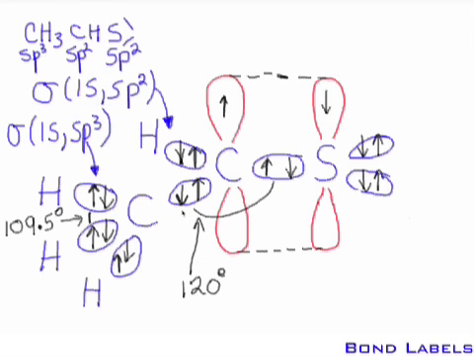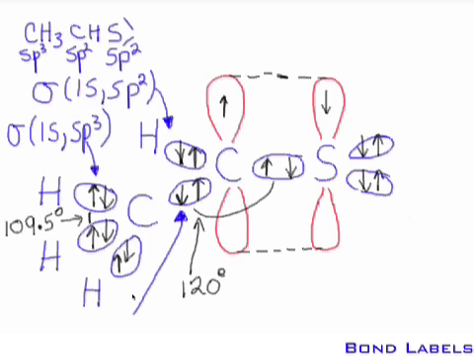Okay, what about this bond? Well, we have a carbon that's sp cubed bonding to a carbon that is sp squared.